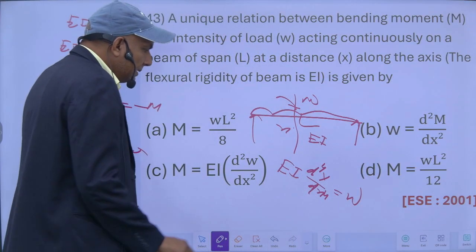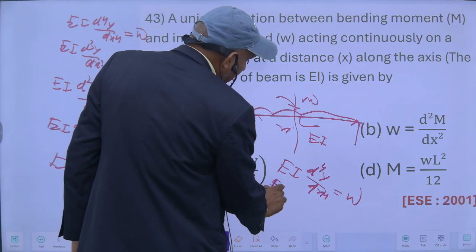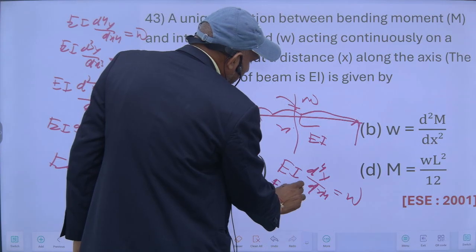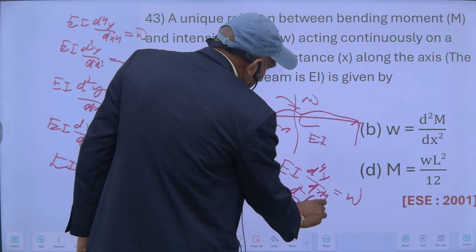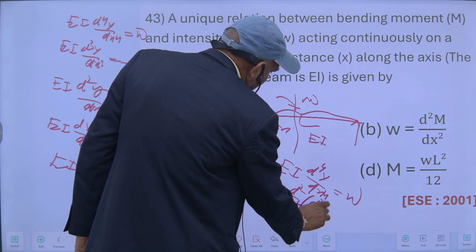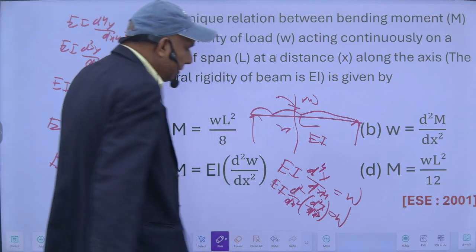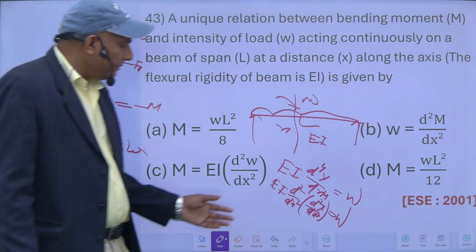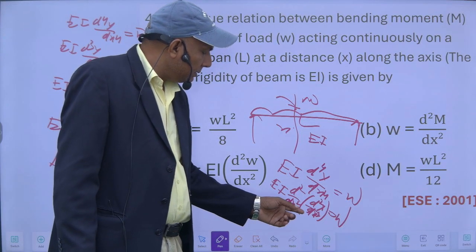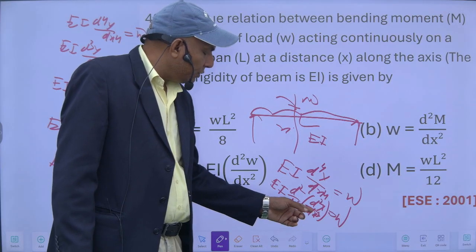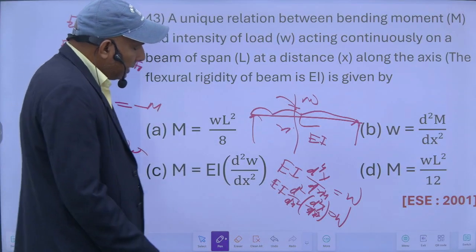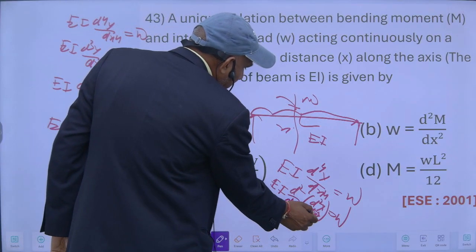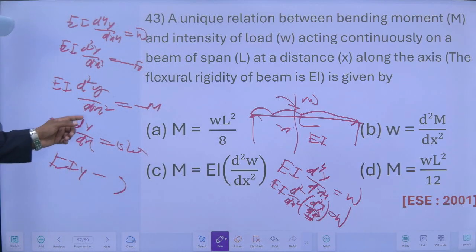And what is this? I can say EI into d square upon dx square of the second derivative of y with respect to x will give the fourth derivative. And what is this? This is equal to M upon EI.